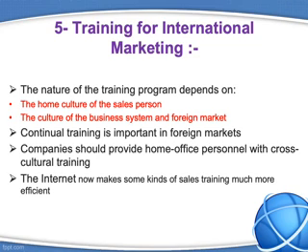Second, the culture of the business system and foreign market. So, in designing an effective training program, you should consider both the home culture of the salesperson and the culture of the business system and foreign market as well.